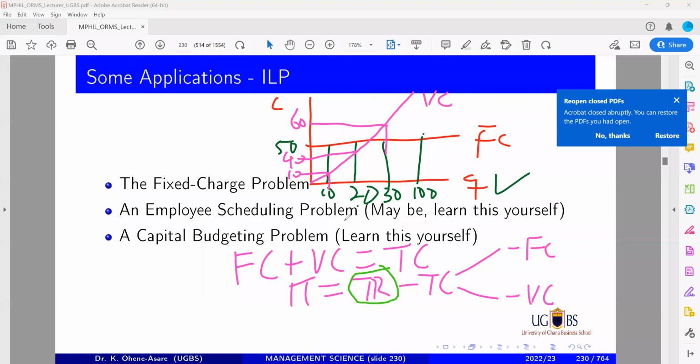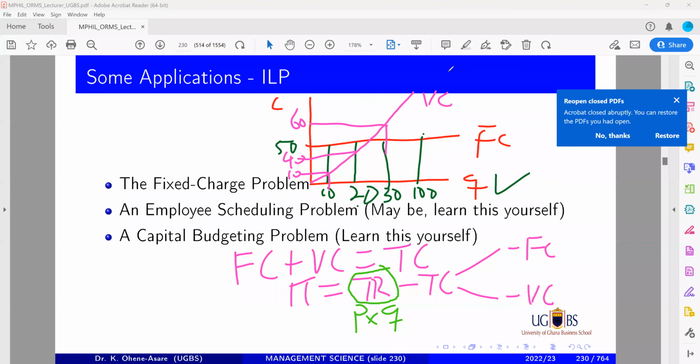I'm just borrowing some economics principles from you. What is total revenue, Abbas? Total revenue is price. Yes, total revenue is price times quantity.